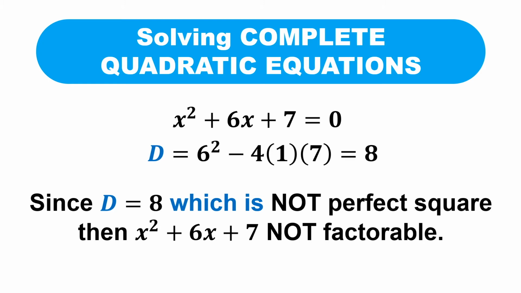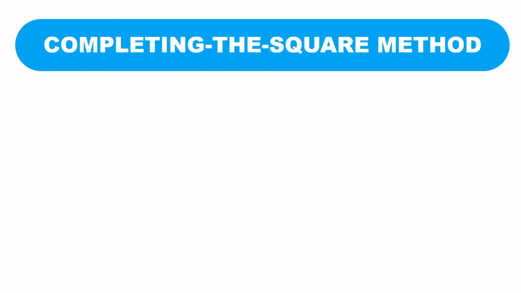But good thing, we have a different method that we can use to solve a quadratic equation that cannot be solved by factoring. One such method is called the completing the square method.